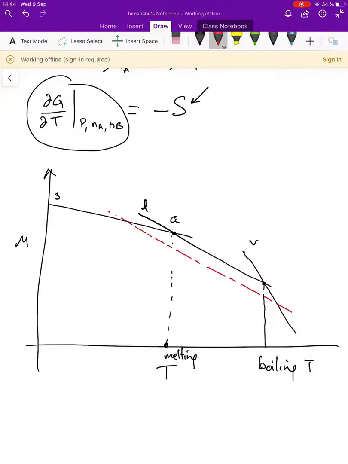As you can see, this is the solution, and this line was for pure solvent. As you can see, the melting point now is decreased to the point A prime, while the boiling point now is elevated to the point B prime.